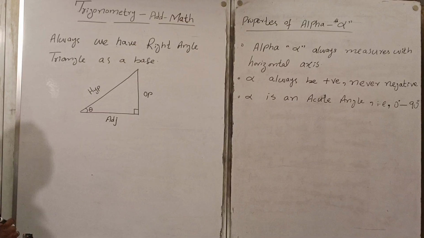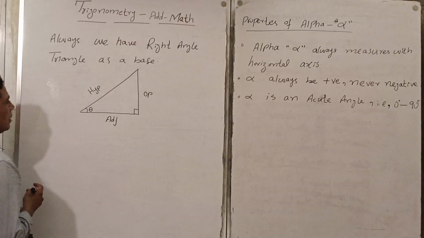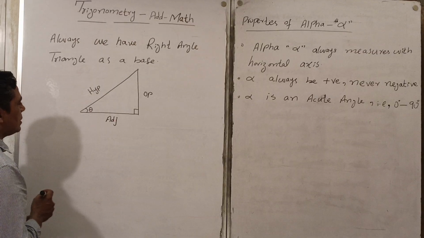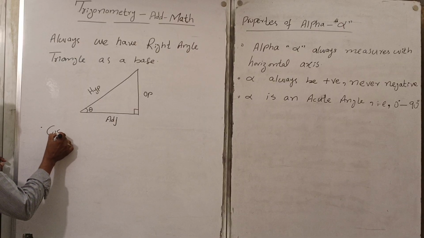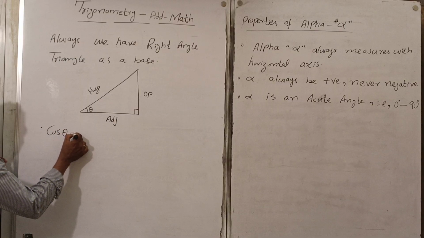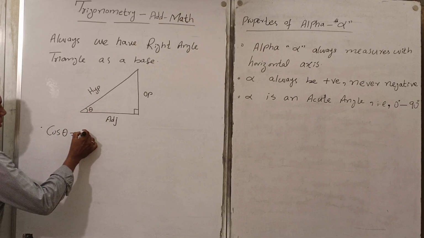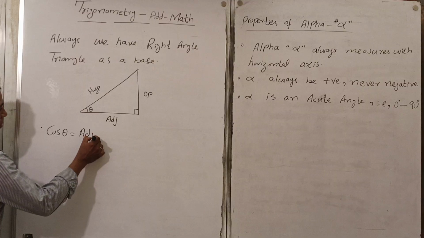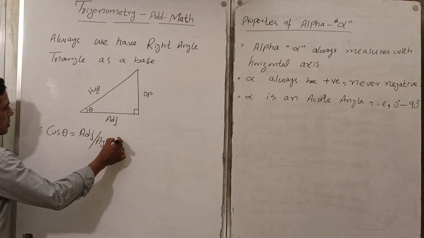So now what about this one? The formula of cos theta is what? Cos theta is adjacent over hypotenuse. Am I right? Yes. Adjacent over hypotenuse.